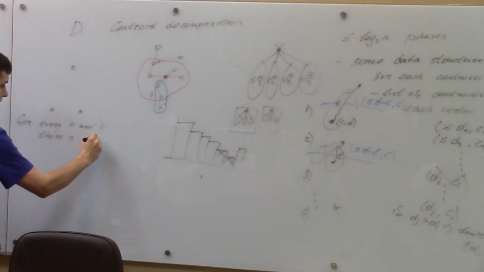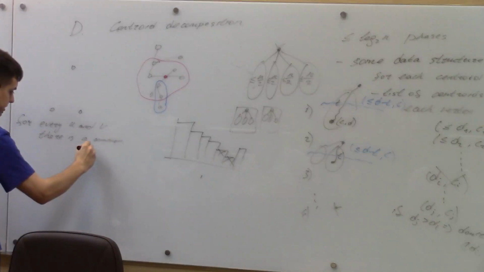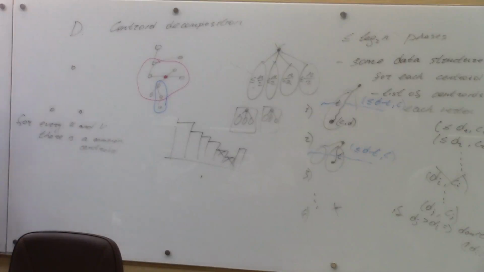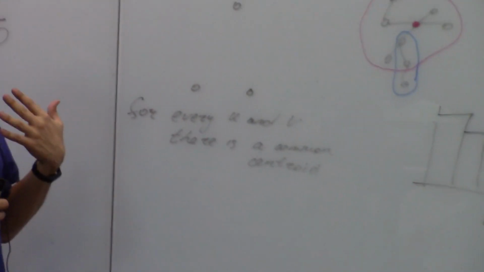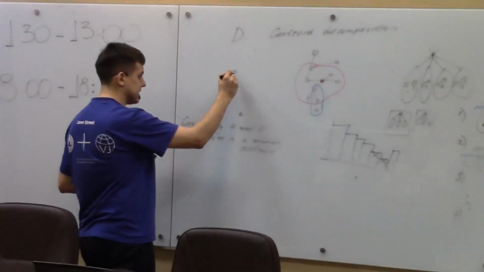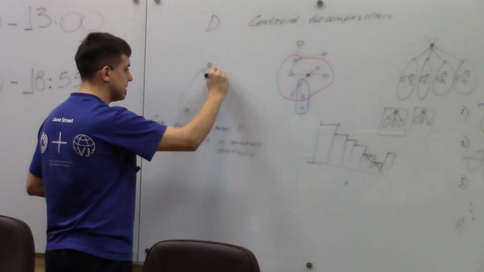Let's look at the first time either one of these two vertices was removed, or these two vertices were separated. This means that they are in different subtrees of the centroid. Maybe there are other subtrees.